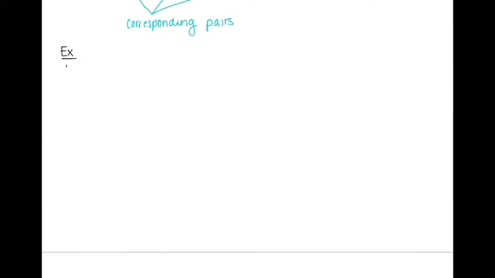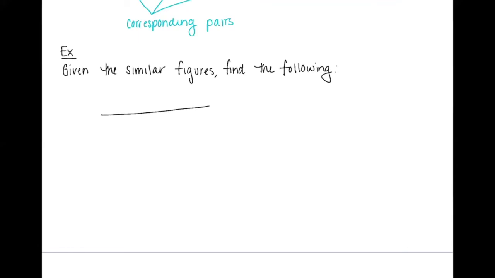Given the similar figures, we're going to find the following. First thing I'm going to do is draw our figure. Close enough. And this is ABCD.